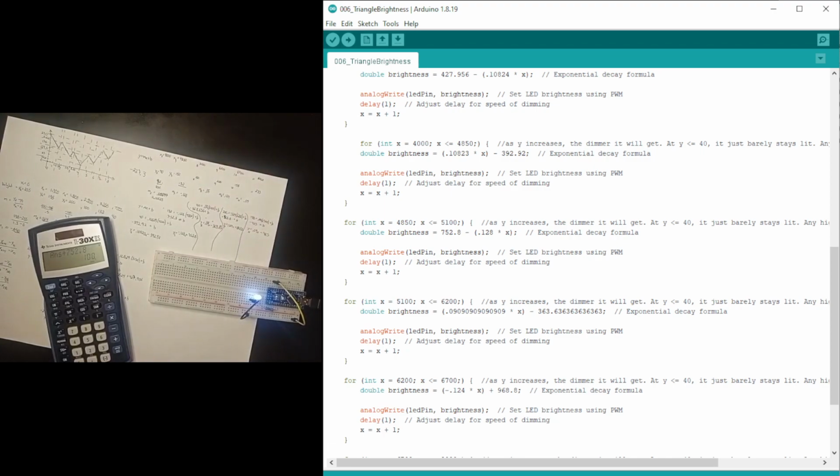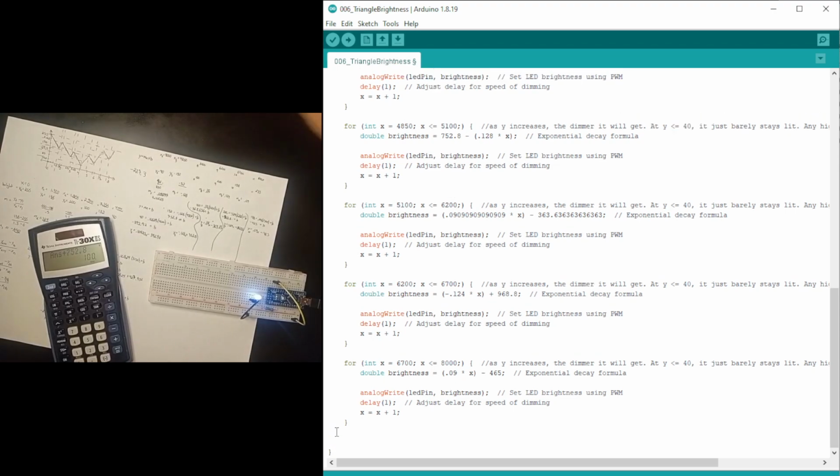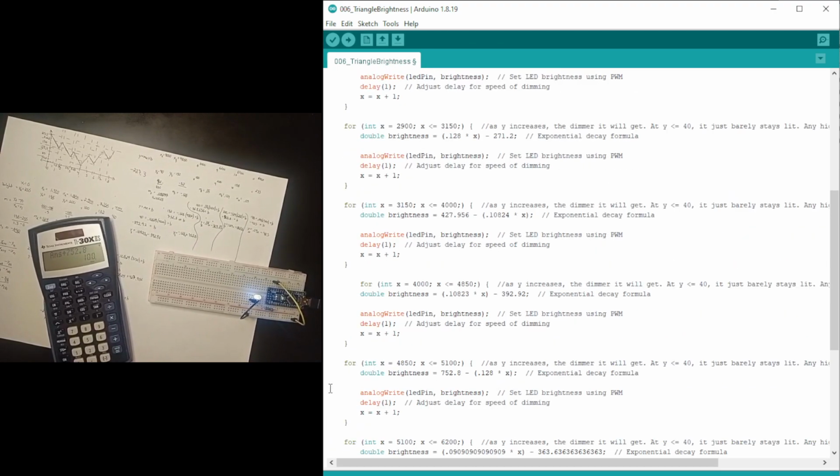I'm not restarting the code anywhere. Int x equals 0. Is that causing a problem? So 4 to 4850. It's just a weird transition somehow.